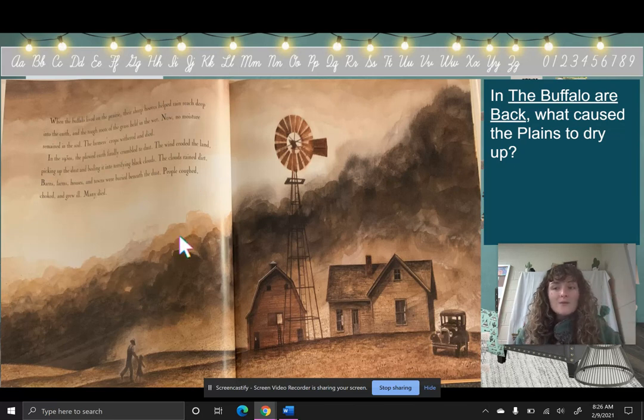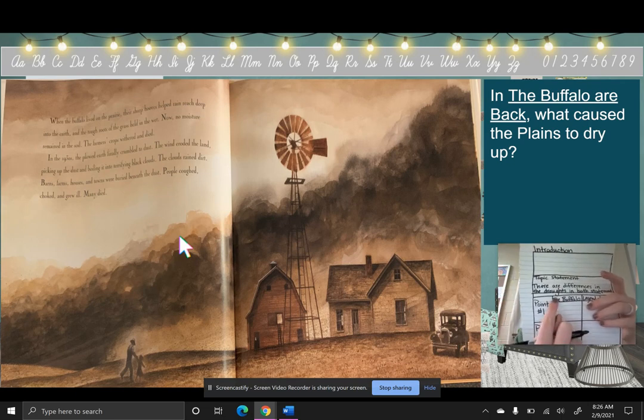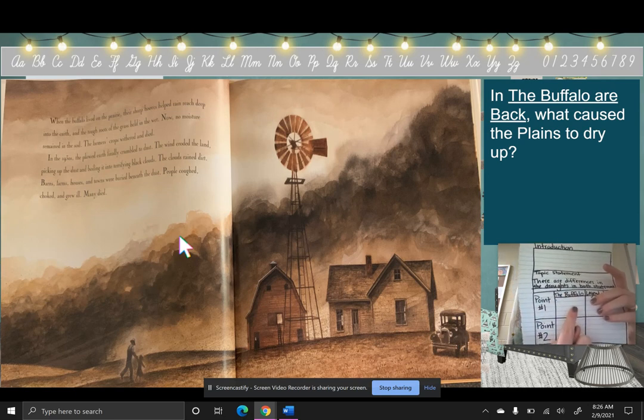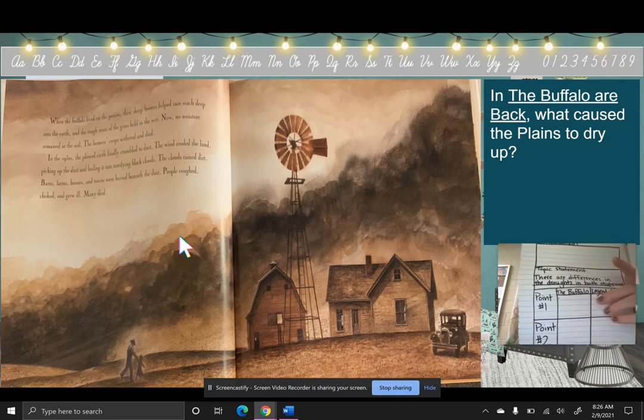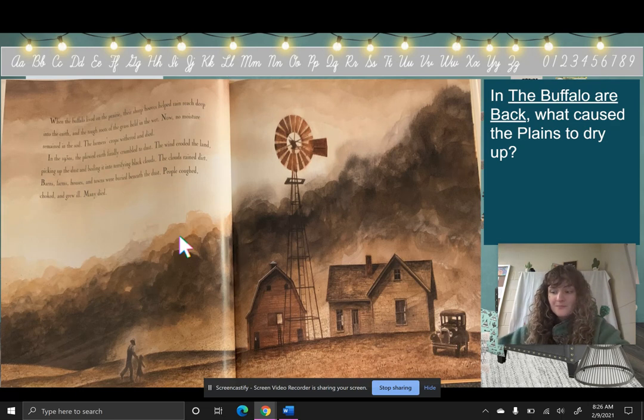So, what caused the plains to dry up in the Buffalo Are Back? So, on your evidence organizer, you are going to tell me right here what caused the plains to dry up. What was missing?